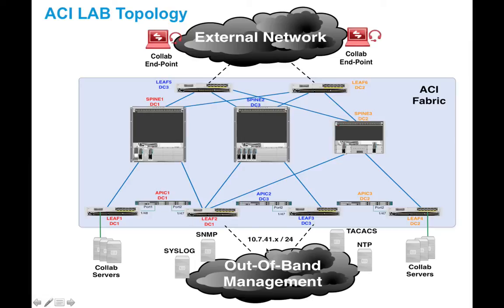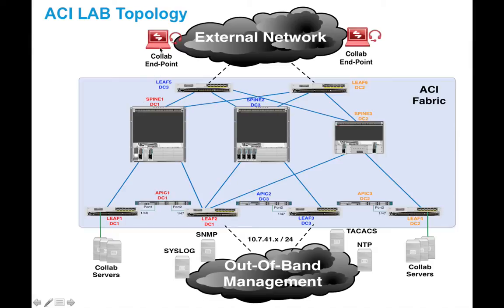I have configured out-of-band management within the ACI fabric to reach out to syslog, SNMP, TACACS, and NTP servers. I have also configured a few collaboration servers connected to Leaf 1 in Data Center 1 and Leaf 4 in Data Center 2 using VMware.